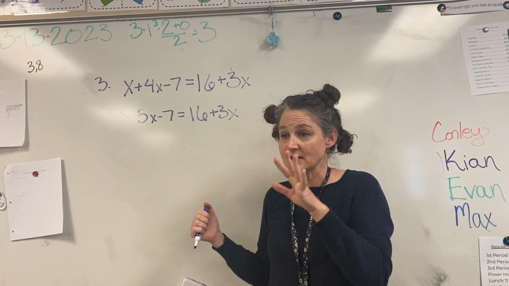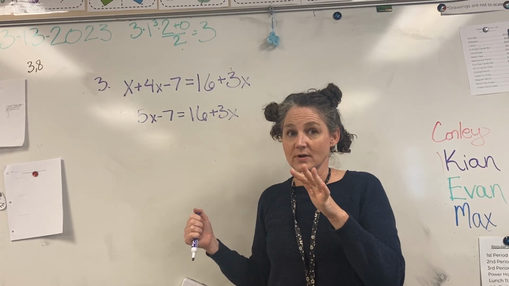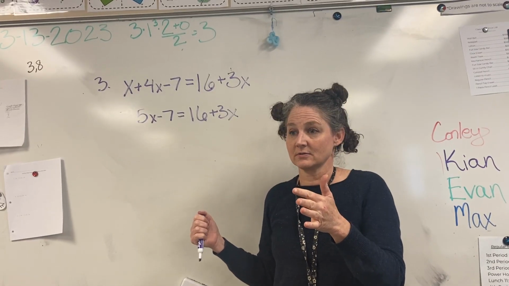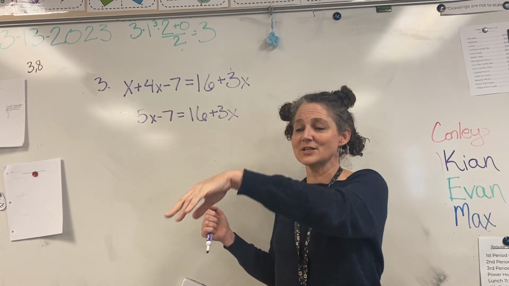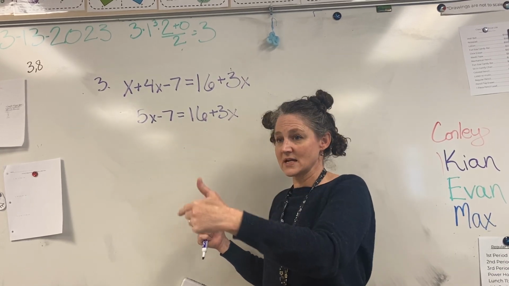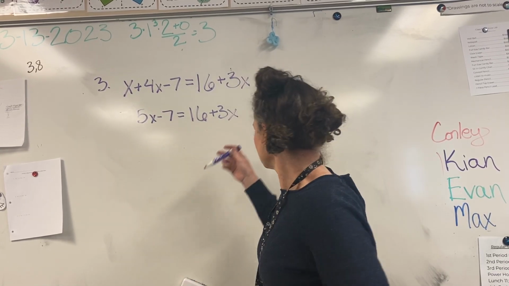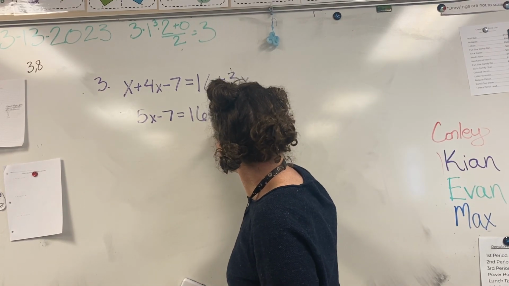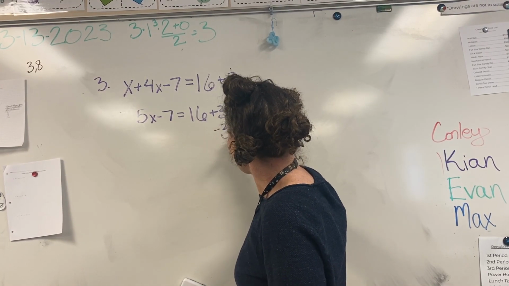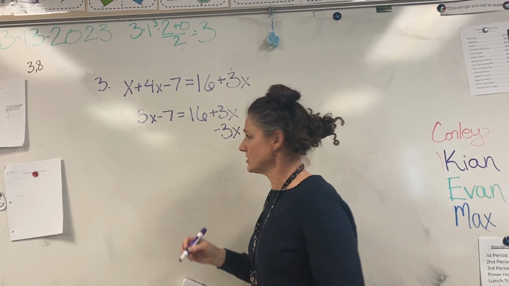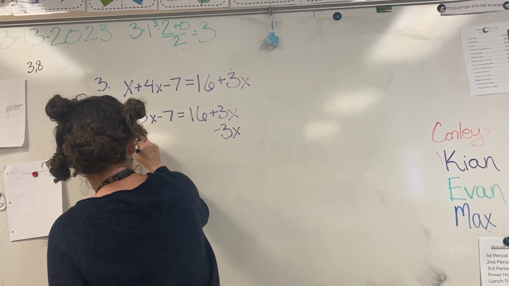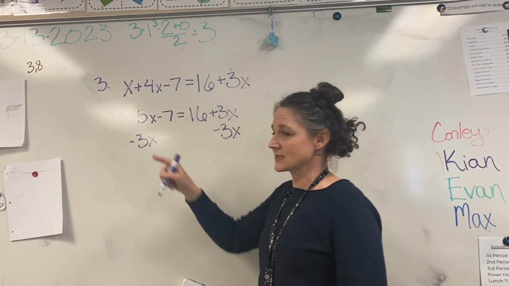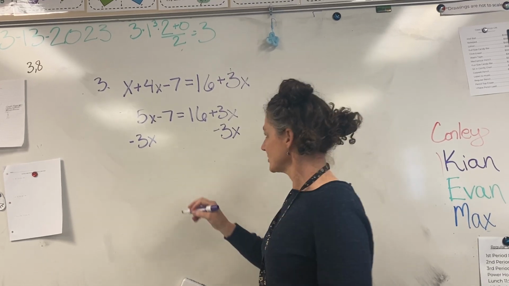I am telling you right now, the more negatives you have in your problem, the more likely you are to make a mistake. Last time we had a negative. This time let's not. So let's subtract the 3x. If you really have a burning desire to subtract the 5x, do it. I don't care. Minus 3x. So what's 5x minus 3x? 2x.